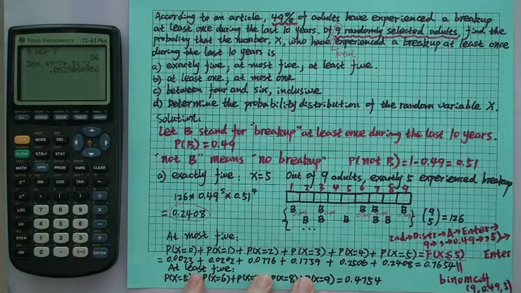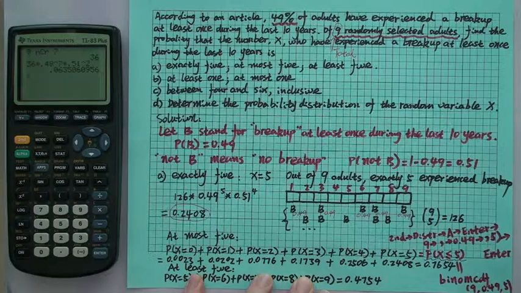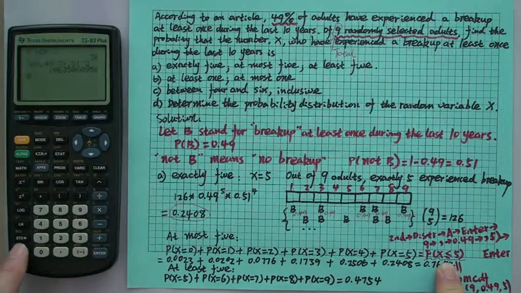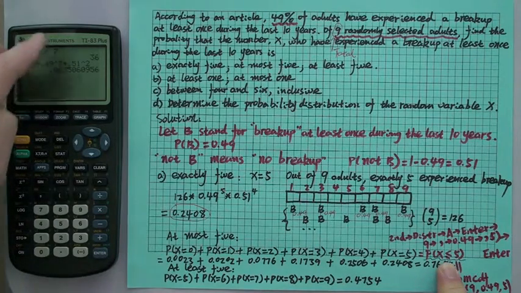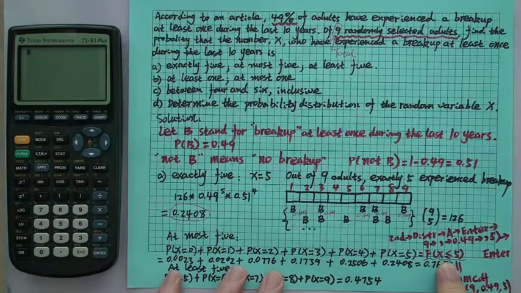Now let's see how to calculate P(X ≤ 5) by using the TI-83 calculator right here. When you turn on the calculator, it could be a mess, so clear it.